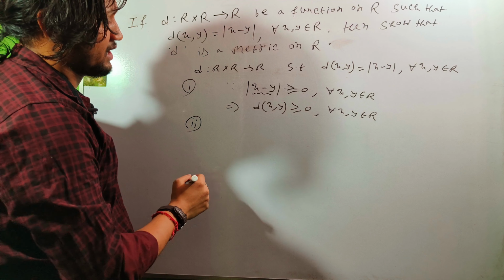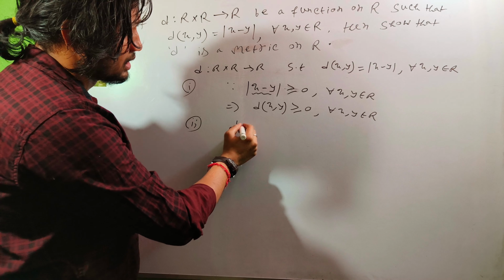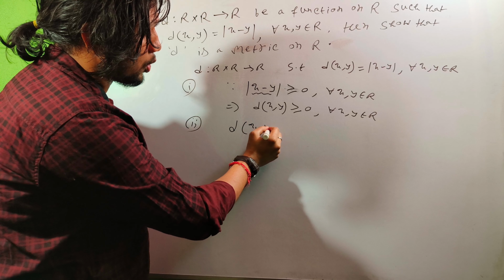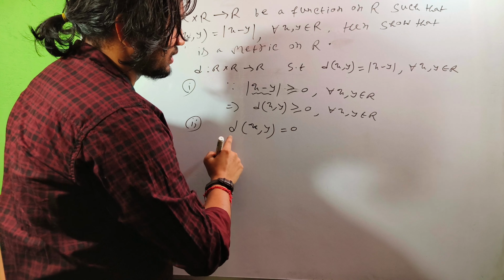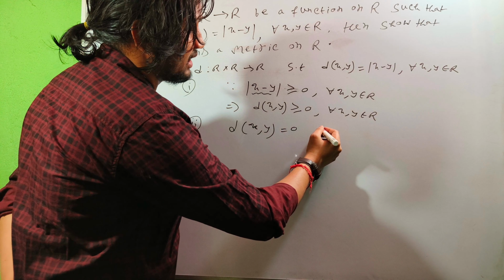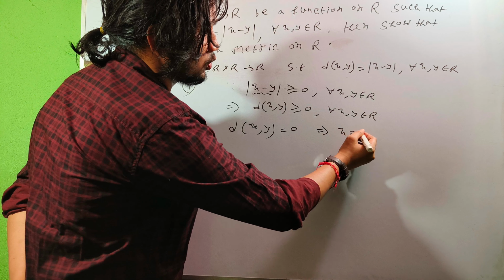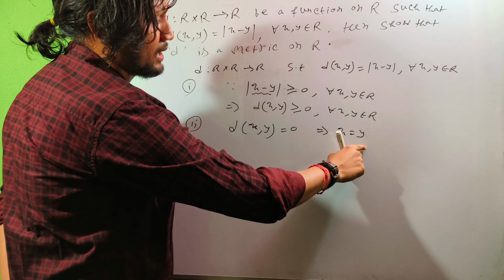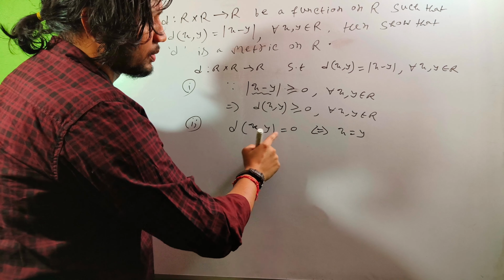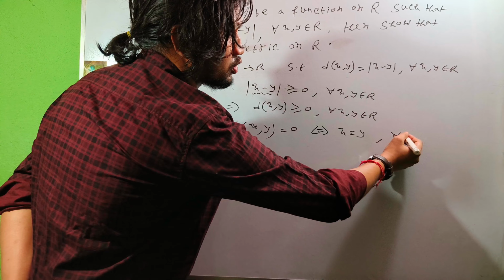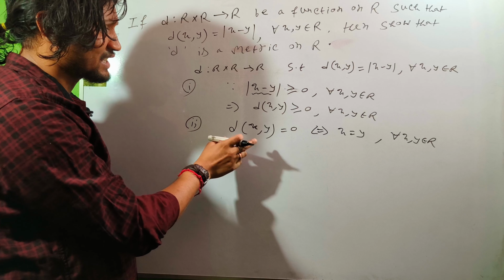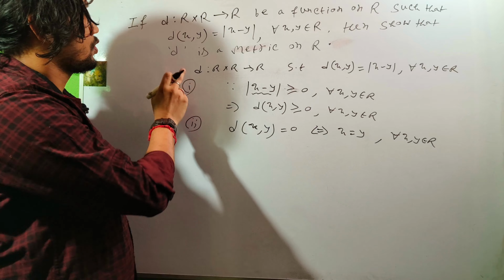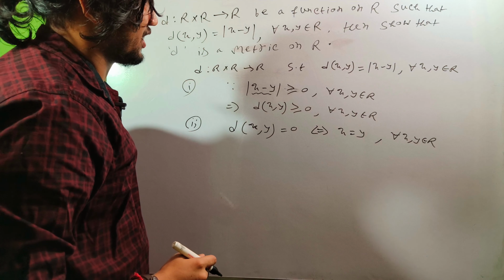The second property is if D of x comma y is equal to 0, then it implies that x is equal to y, and if x is equal to y, then it implies that D of x comma y is equal to 0 for all values of x comma y belongs to R. And this is our target to show D is a metric.